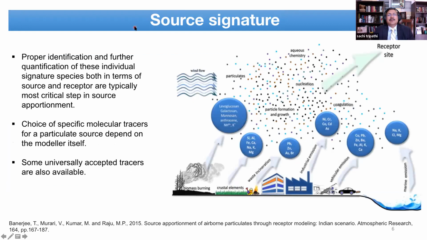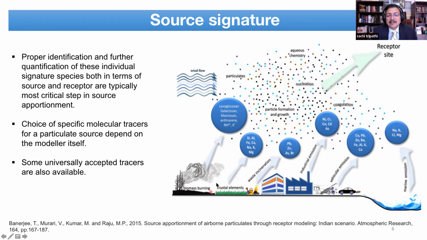So how do we go about it? When we measure at the source, we need to get certain source signatures. That is what you see here in this cartoon, which was probably part of a paper published in Atmospheric Research. The reference is given here at the bottom. You see the wind is coming, and different types of particulate matter, varying in chemistry, are emitted from various sources.